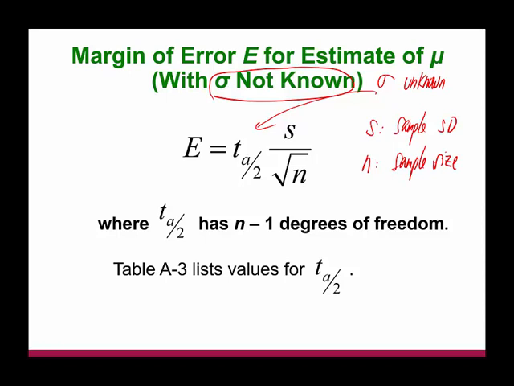The critical t-value t alpha over 2 has n minus 1 degrees of freedom. Here alpha is the complement of the confidence level.